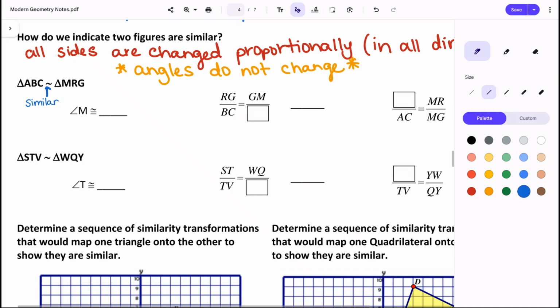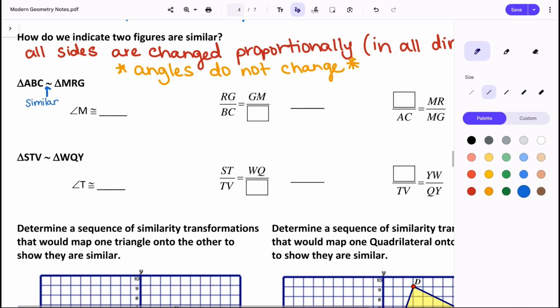They should match. So what letter should A match up with on the other triangle? M, and then B should go with R, and C goes with G. That stays the same. So when we're filling in these boxes down here, that's what we want to be using to help us fill them in. Now you will see when they talk about angles that they're still going to use a congruent sign for angles when you're matching those up, because I already just said to you guys, angles never change.